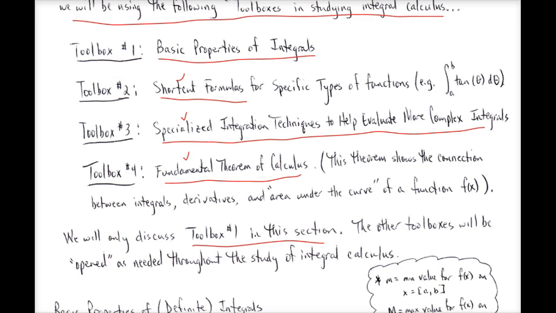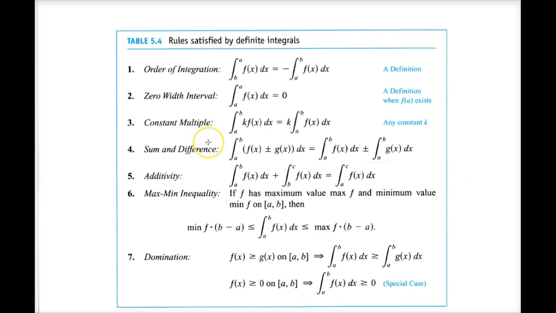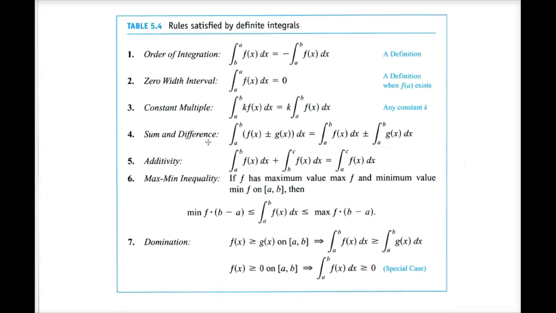So I'm going to go ahead and skip this next page here. And these are the basic rules for definite integrals. And so number 1 basically says that if we have our limits of integration out of order, to be able to put them back in, we have to multiply everything by -1. And of course, the assumption here is that with the limits of integration, a is less than or equal to b.